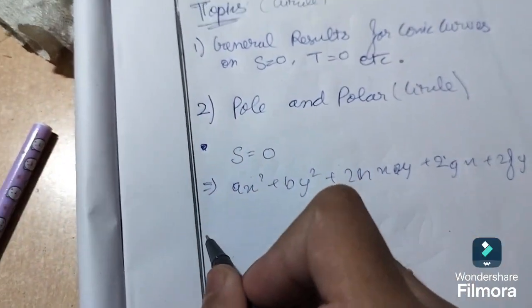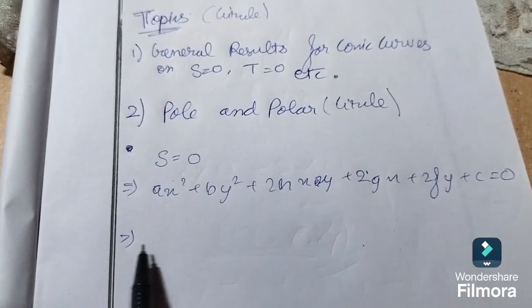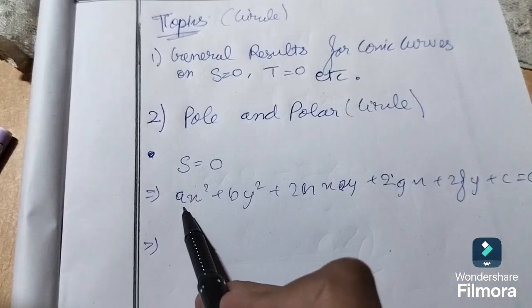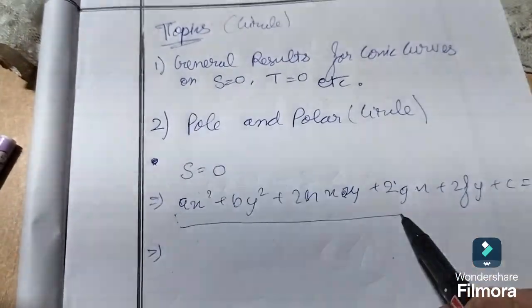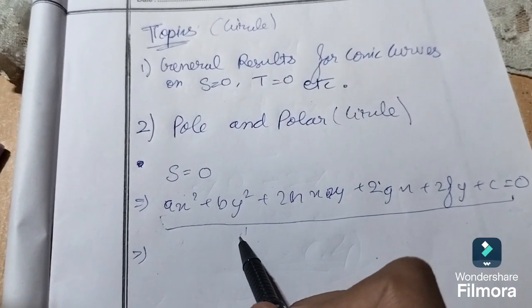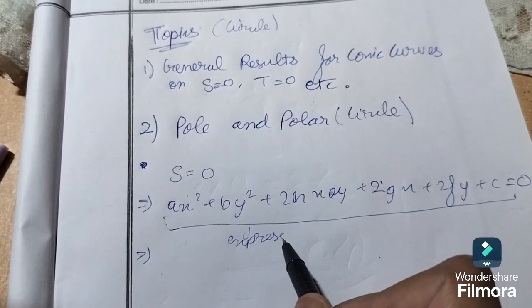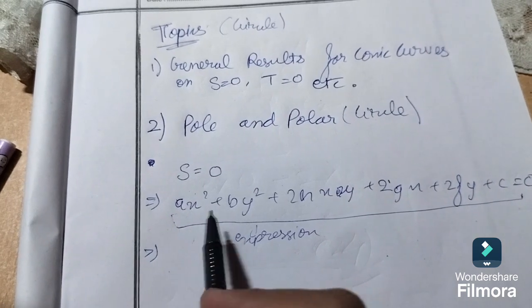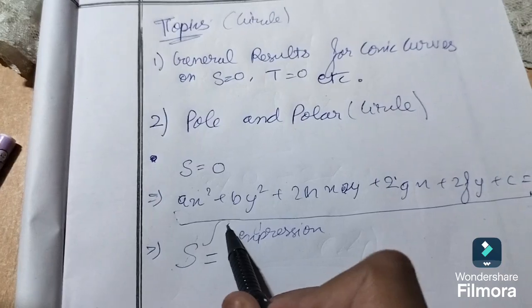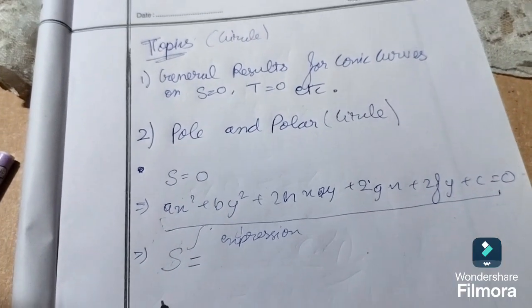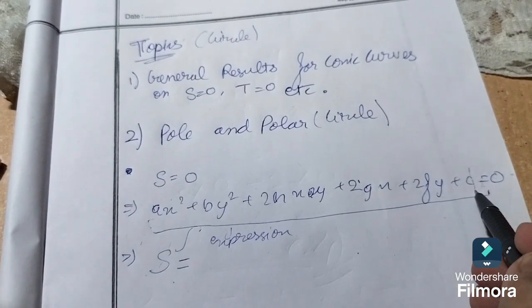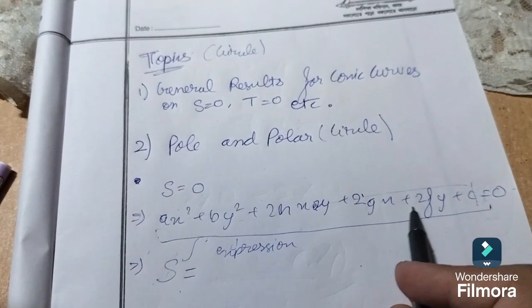Now this expression equal to 0 is the equation of the curve, but this is in general an expression, right? Now what I say is, you put this expression equal to S. Not that this equation is S, but this expression is S, till here, the whole expression.